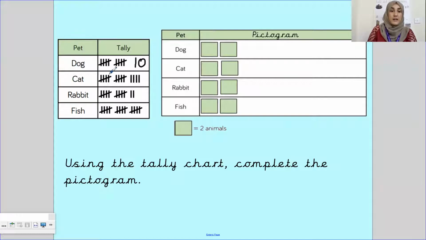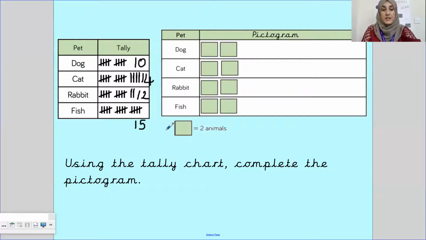Here I've got 5, 10, now that's 11, 12, 13, and 14 over here. Next, I've got 5, 10, 11, 12. I've got 12 rabbits. And lastly, I've got 5, 10, 15. 15 over here. Okie dokie.